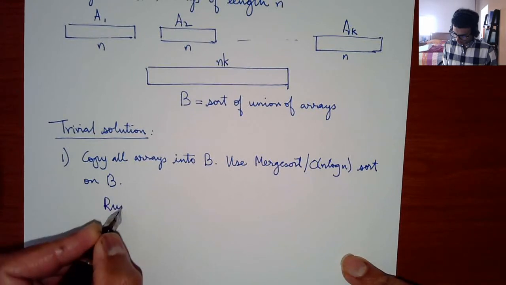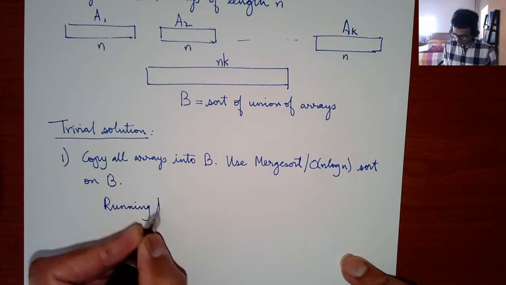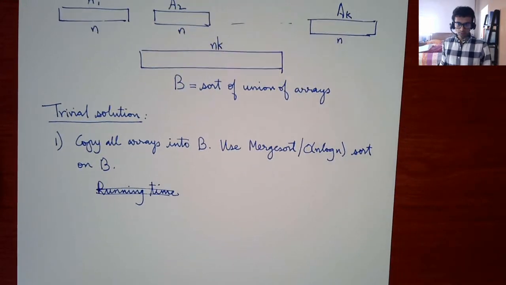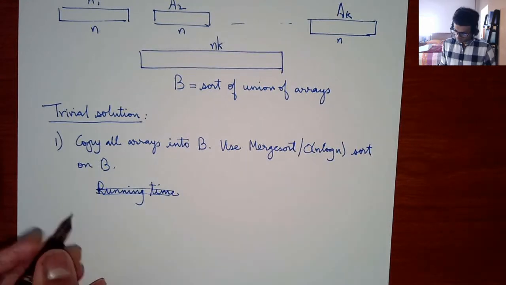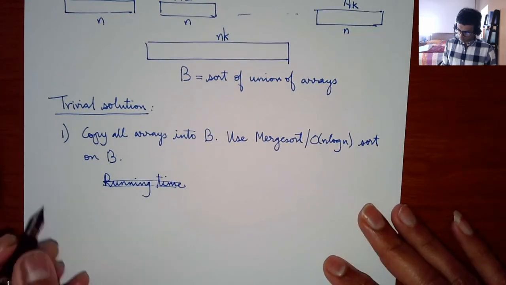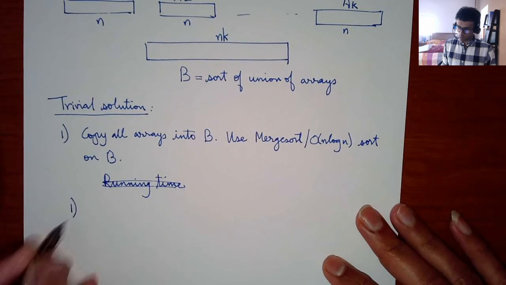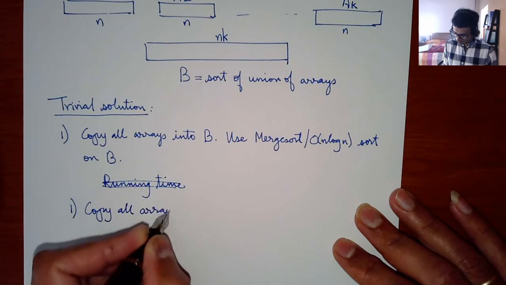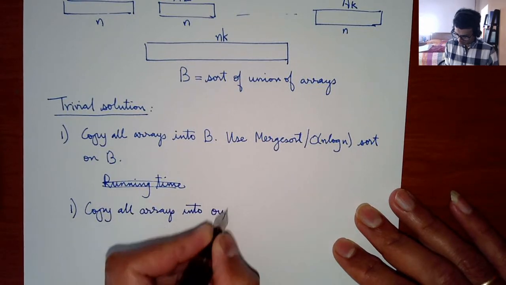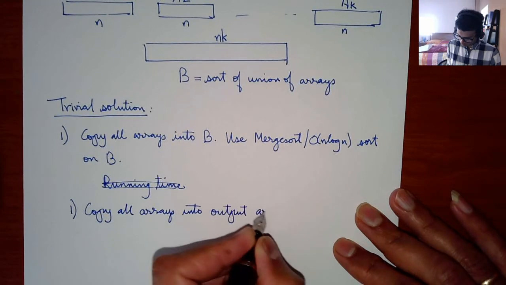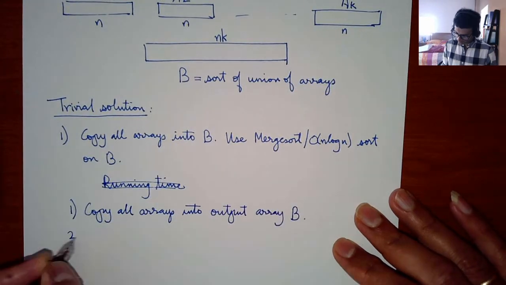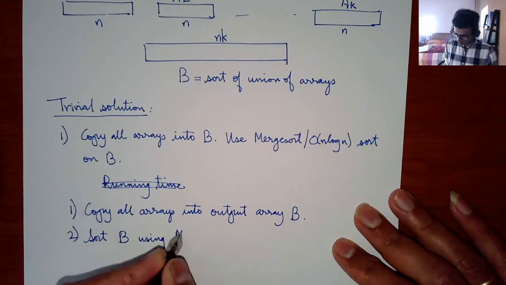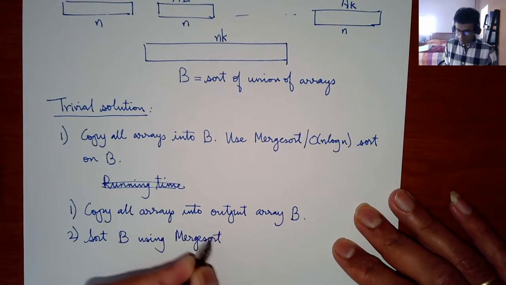Now let's be a little careful. The running time, so maybe let me write this down in the way that you should write it if you're doing this in the test. Right? So we'll say step 1, copy all the arrays into the output array B, step 2, sort B using merge sort.